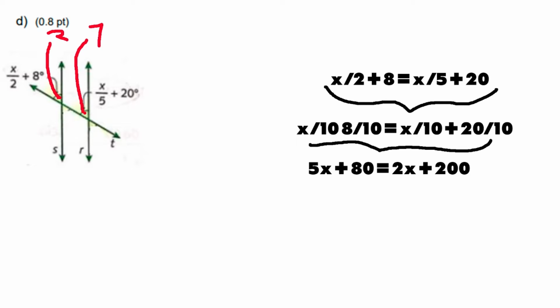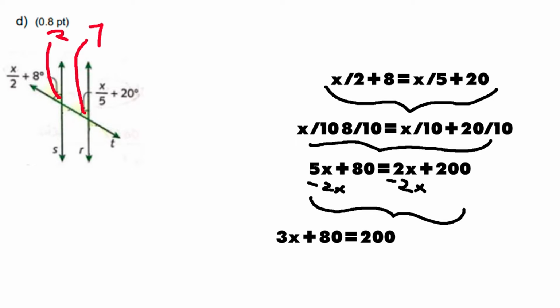Then all we've got to do is just resolve the equation. Pretty simple. We want to isolate the variables. So all we do is minus 2x, which is going to result in 3x plus 80 equals 100. And then to isolate the variable completely, we just need to take this 80 out.